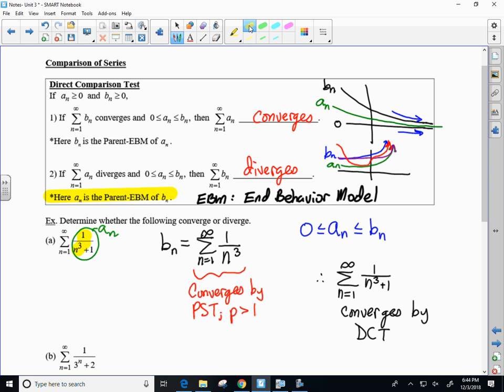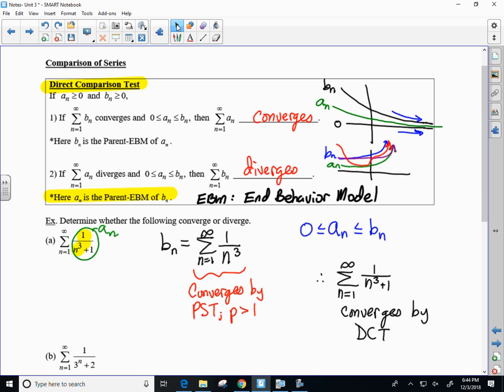Just nothing too fancy here. The DCT. All right. So it's by the p-series test that we're able to determine that this one converges, but it's by using the direct comparison test that I can determine that this must also converge if this one converges.